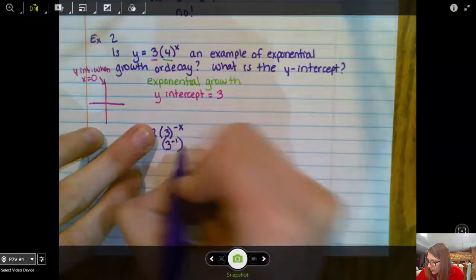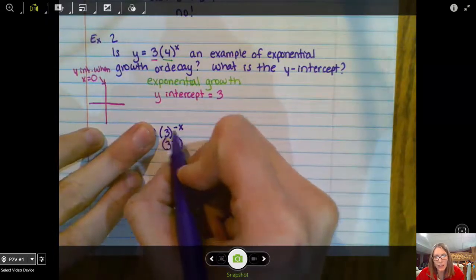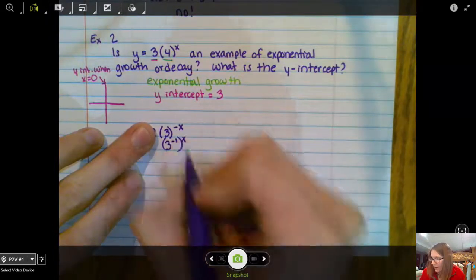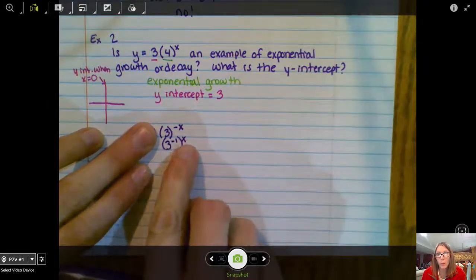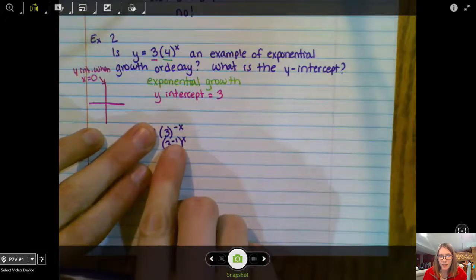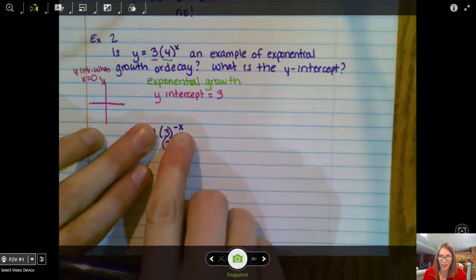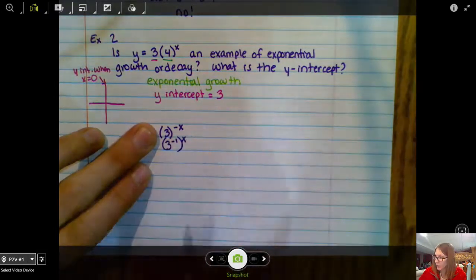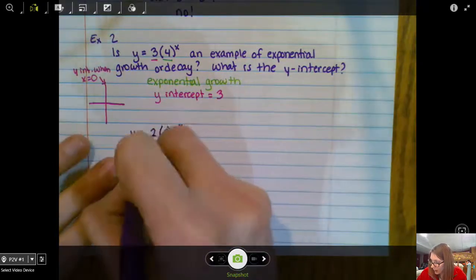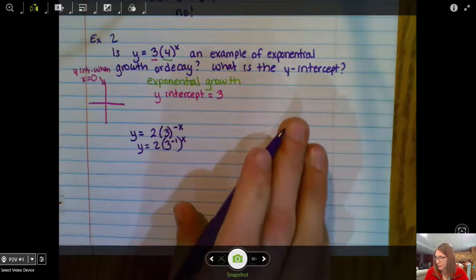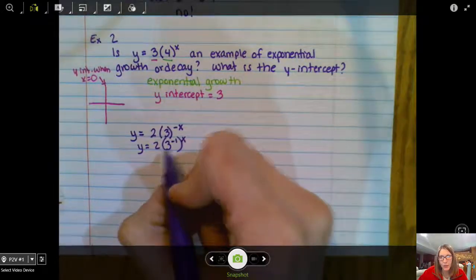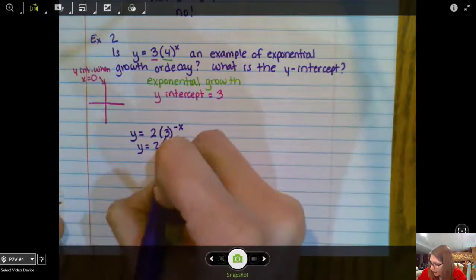is think of this 3 as 3 to the negative first power, and then to the x, because keep in mind, if you have a power to a power, we multiply these exponents. Negative 1 times x is the negative x that was here originally. Okay. So I haven't changed anything, just wrote my equation a little differently. And then 3 to the negative first power is 1/3.